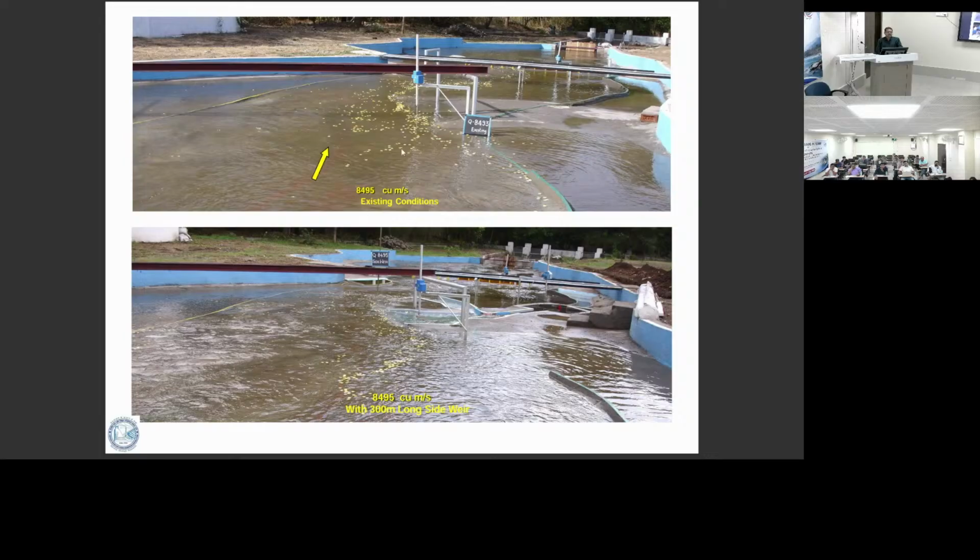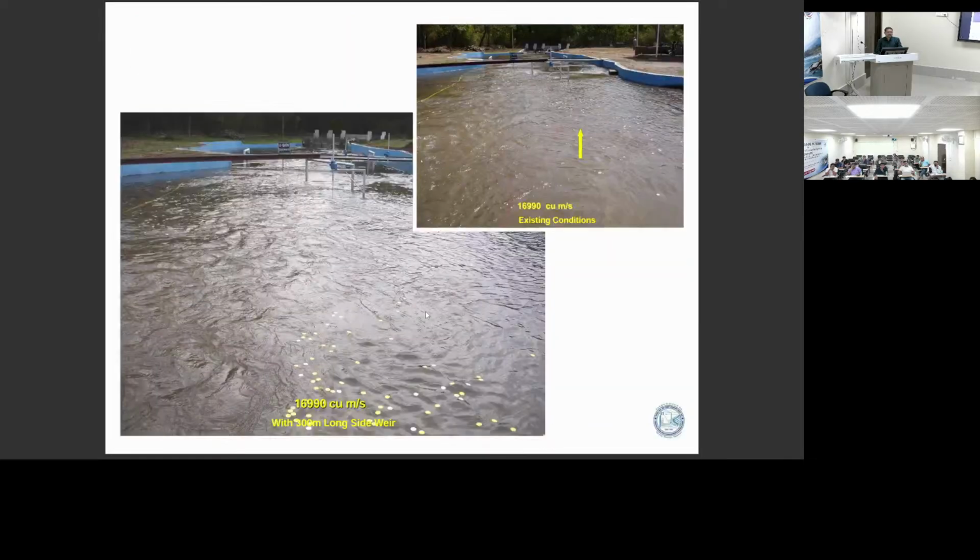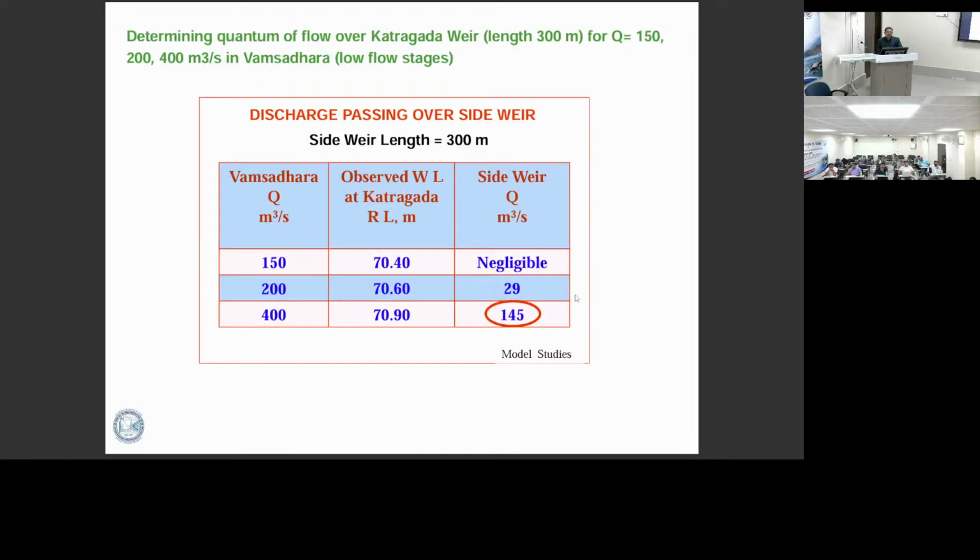Then for 8,000, of course, most of the flow has passed, and under the existing condition, floor and everything is submerged. This is the very peak discharge observed till now in the Vamsadhara river. So you can assess what discharge passed.